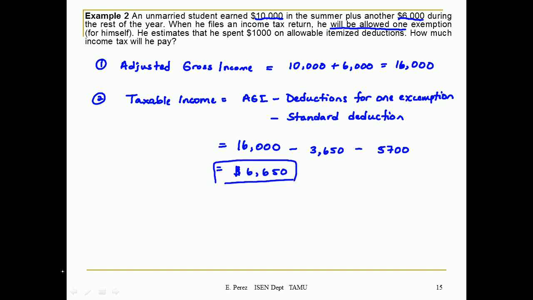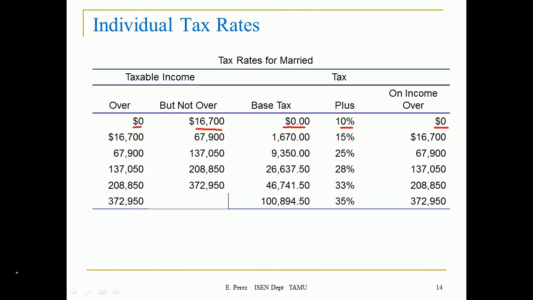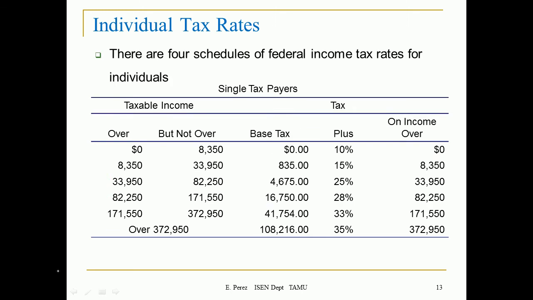Okay? So now we have to take this information to find out in which range this amount of money is for an individual. As you can see, that amount of money is within this range. So you know that your base tax is going to be 0, plus you're going to have to pay 10% of that income over 0.